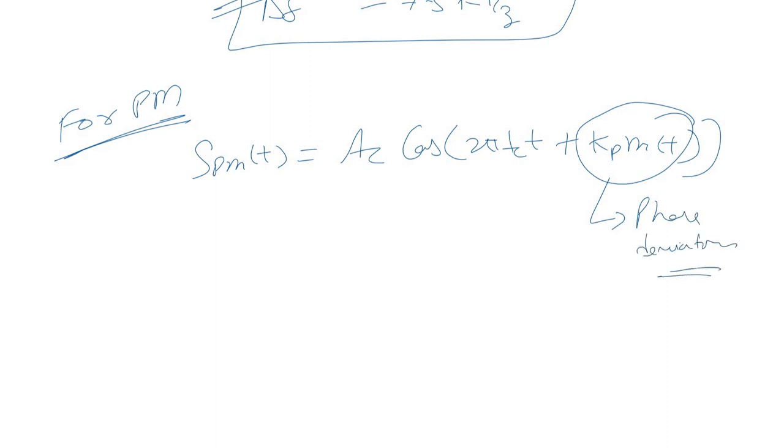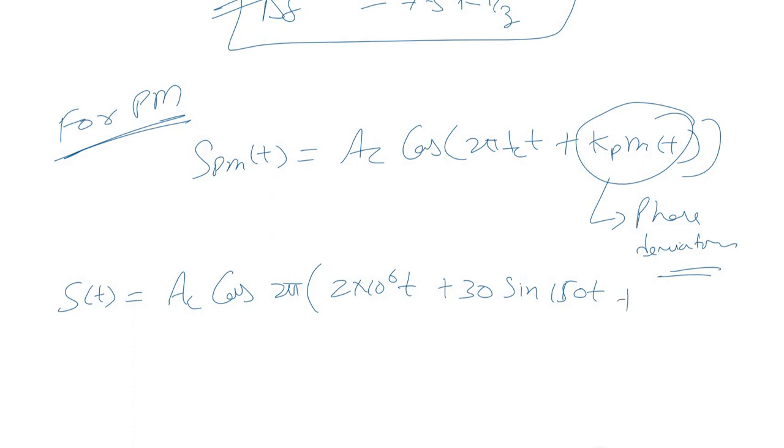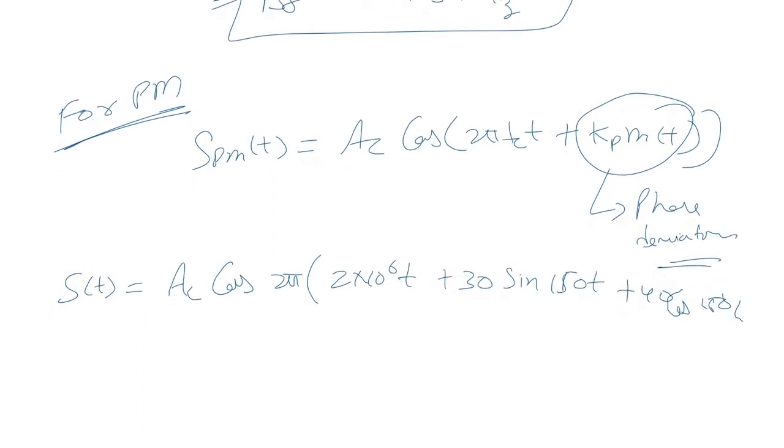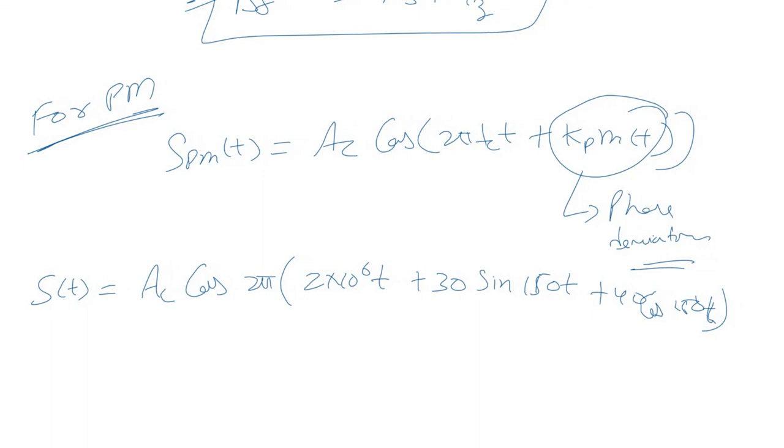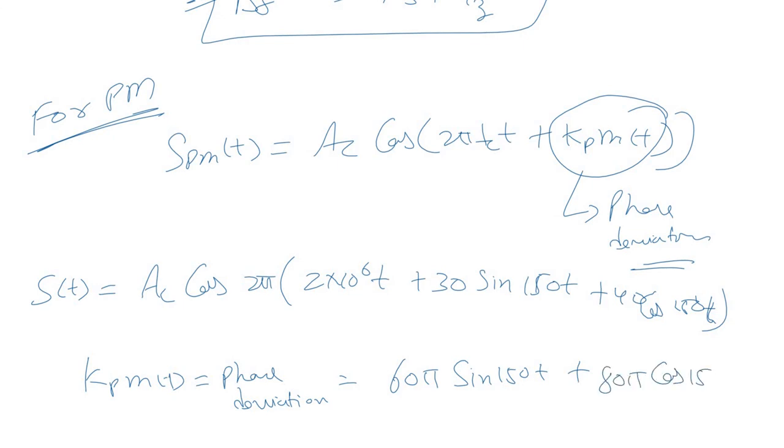If we compare it with the given expression, Ac cos 2 pi into 2 into 10 to the power 6 t plus 30 sin 150t plus 40 cos 150t, then kp into m(t), the phase deviation, is equal to 60 pi sin 150t plus 80 pi cos 150t.